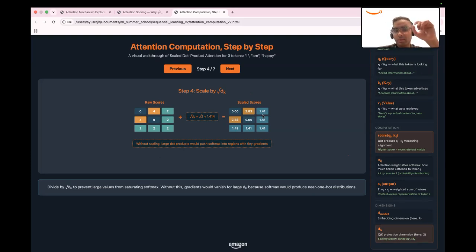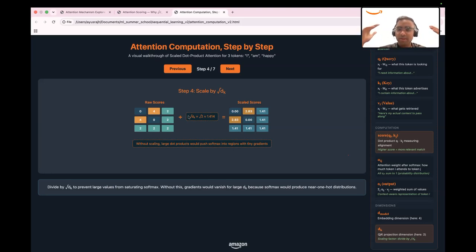Then those scores we have got are divided by root d. The reason for the division is that we don't want our scores to have a very high variance. If my scores have a very high variance, my softmax can get some weird activations.